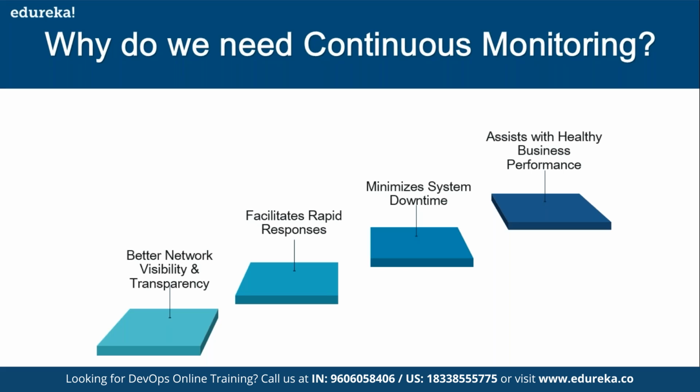The third reason is that it minimizes system downtime. Consistent system monitoring and quick, necessary alerts help maintain system uptime by raising the alarm when there is a service outage or any application performance issues. The fourth reason is that it helps with healthy business performance, through reduction in system downtime and minimizing the negative impact on the customer experience, thereby safeguarding the organization against losses in revenue and credibility.